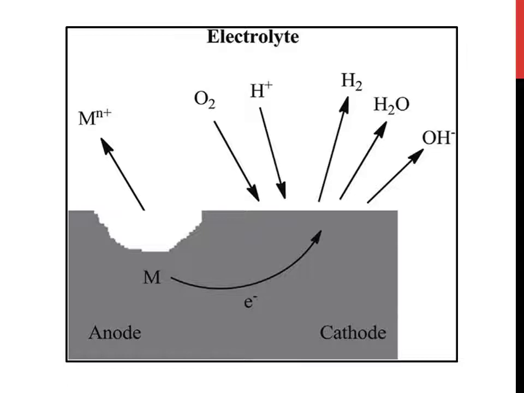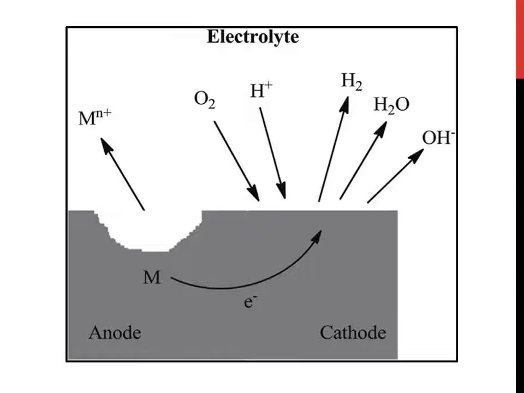Once this anodic and cathodic area is formed, the redox reaction takes place. As we all are aware, near the anodic area it always involves the liberation of electrons, that is the oxidation reaction.